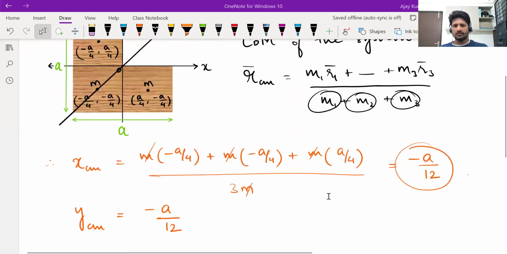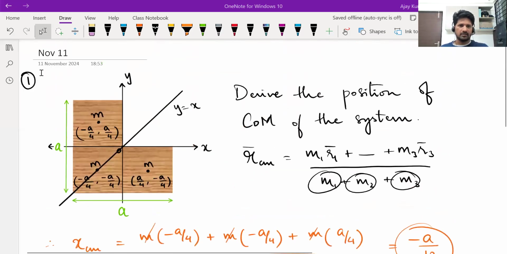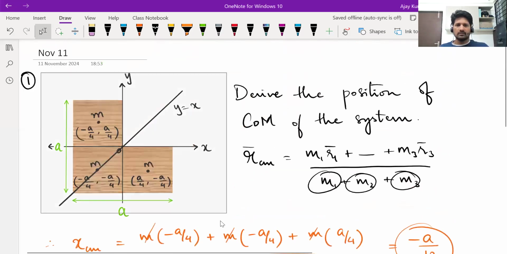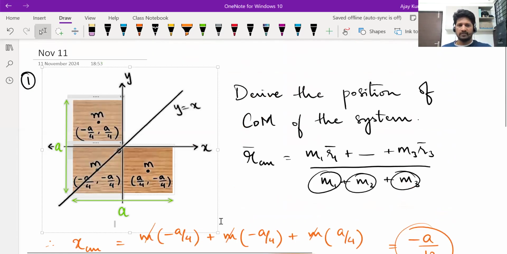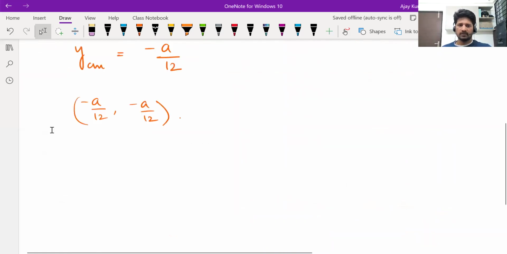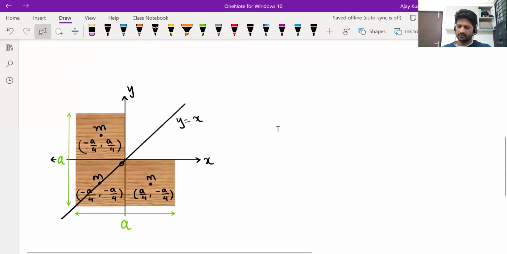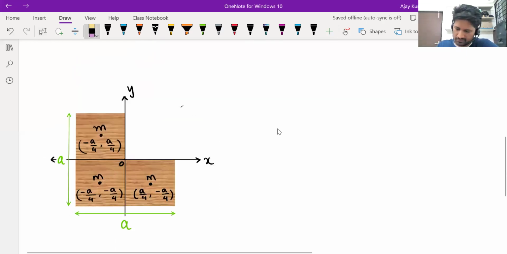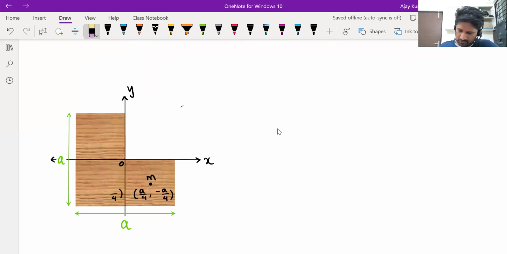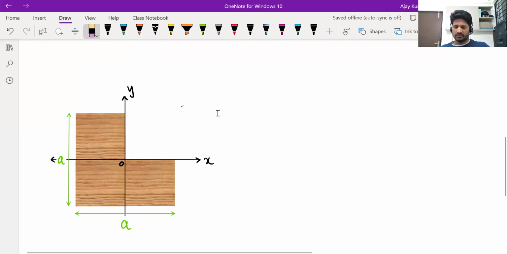Now, I'll tell you another way to solve this, the way Aishwarya tried to solve. For a full uniform square, we know where the center of mass lies. We could have made use of that also. Let me erase all these. Okay, follow this approach carefully. This is important. We are going to be using it in the derivations that we do next.